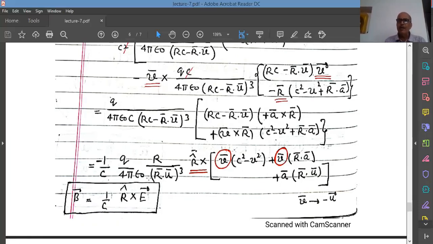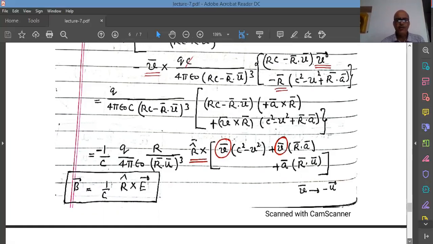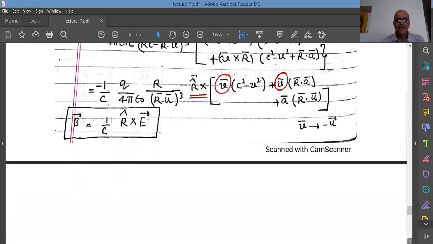Not only perpendicular to the electric field vector, but also perpendicular to the position vector joining the field point of observation to the retarded position, that is r cap. So this is one result that we get out of this expression: B is equal to 1 over c, r cap cross E.